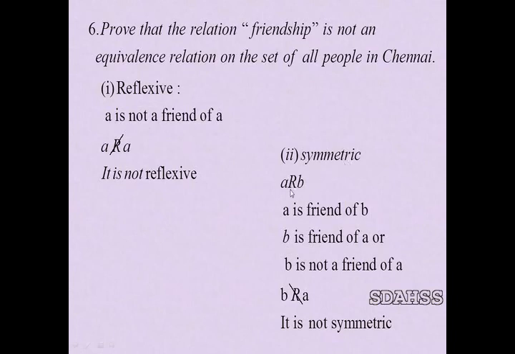Then symmetric. Symmetric means a is related to b and b is related to a. Here a is related to b means a is a friend of b. Then b is a friend of a, or b is not a friend of a. So b is not related to a, so it is not symmetric.